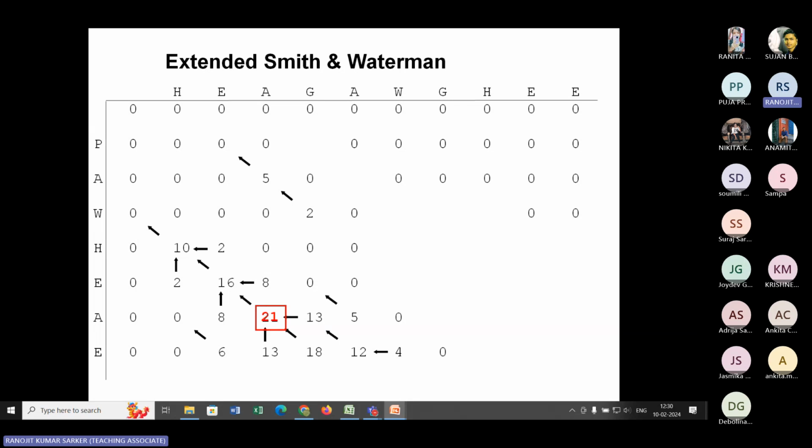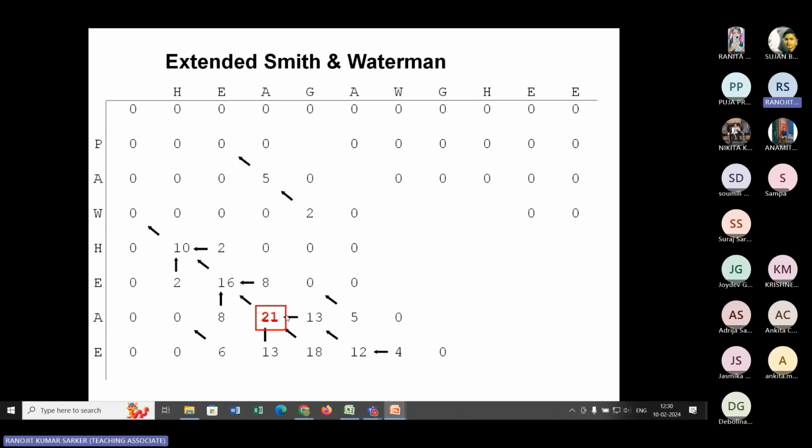It is a different track that is not at all linked with the previous track. That's why it is two different local alignments within the same sequence. Within the same sequence, we have two conserved regions. They are not linked with each other.